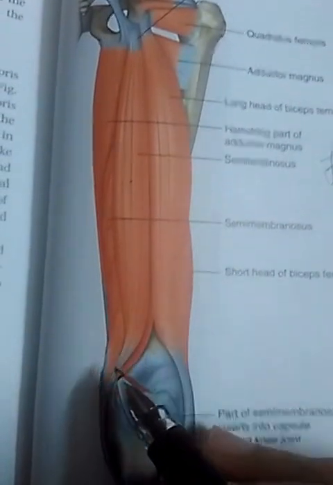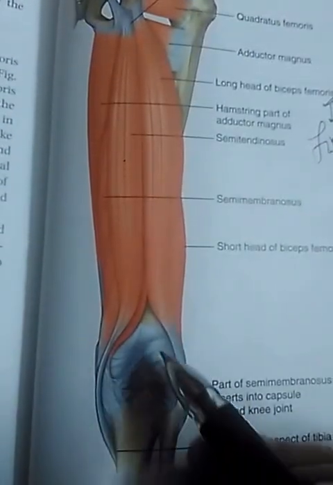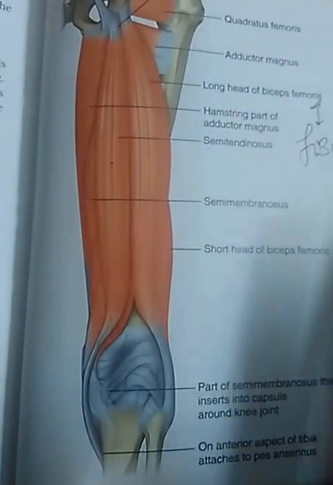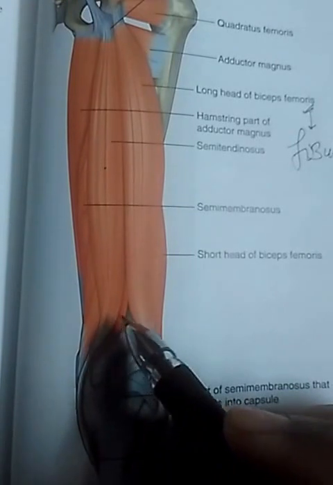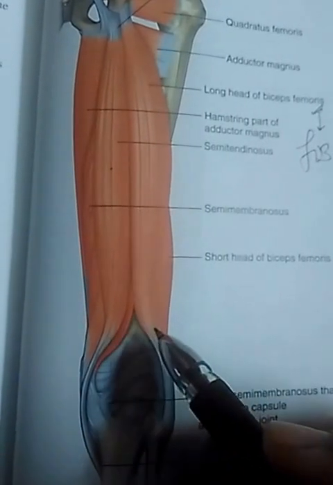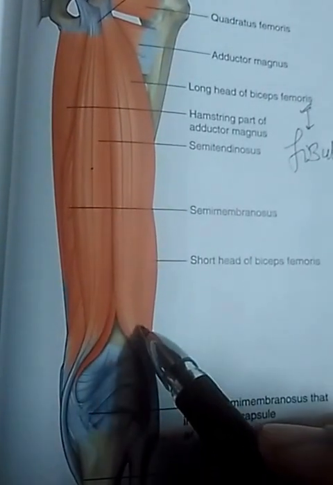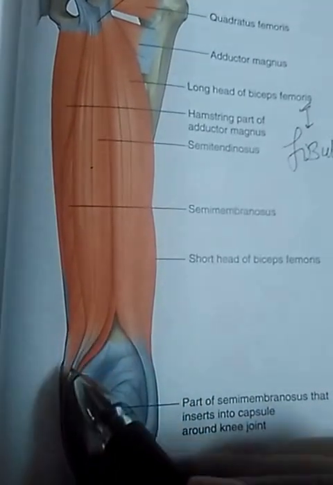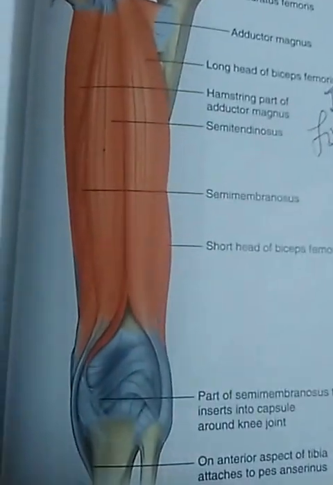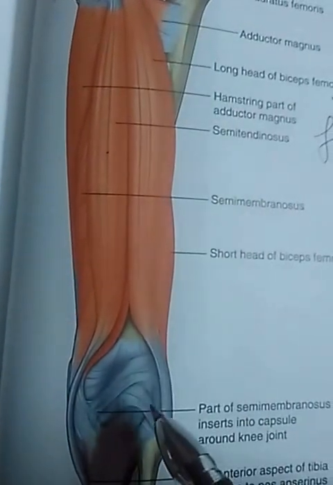If I look below, we can see the popliteal fossa. We will study that later, but you can remember that the upper boundaries of this popliteal fossa are formed by biceps femoris, semimembranosus and semitendinosus. Below there will be gastrocnemius, which we will discuss later.